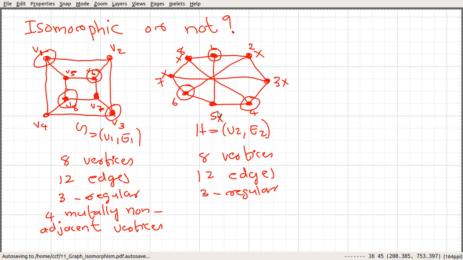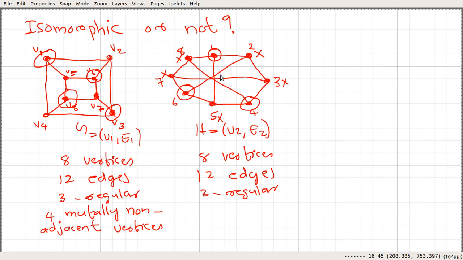After that we are left with these four vertices. If you look into 7, it is adjacent to 6, 8 is adjacent to 1, 2 is adjacent to 1, 3 is adjacent to 4, and 5 is adjacent to 4 and 6.